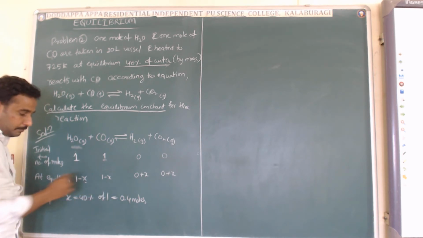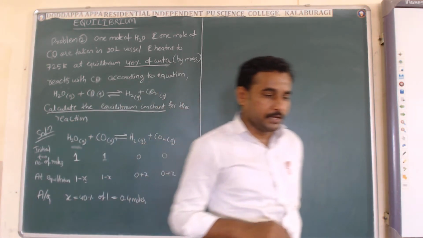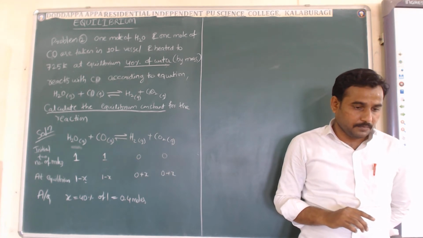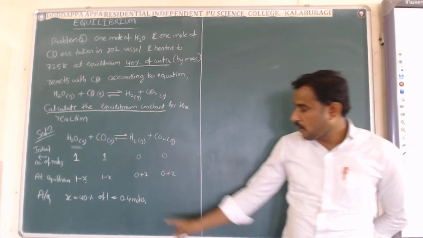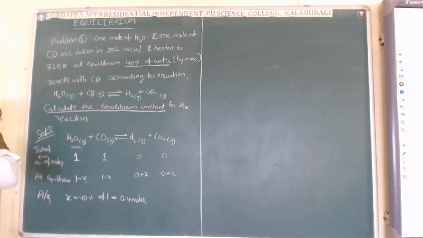So when 40% is taken, it means 0.4 moles. You have to take 0.4 moles here.